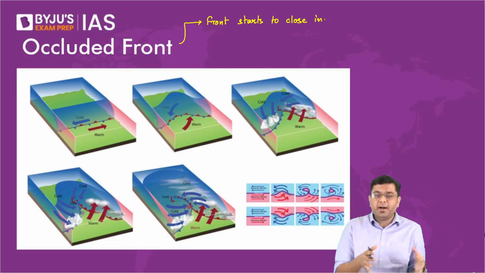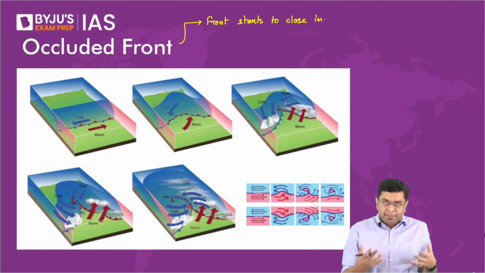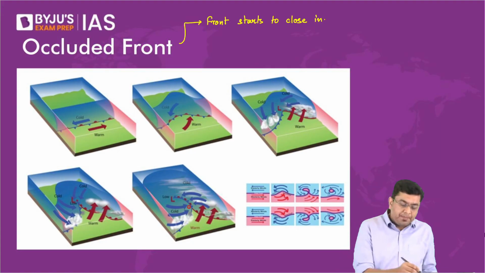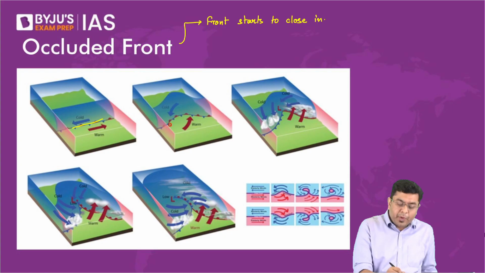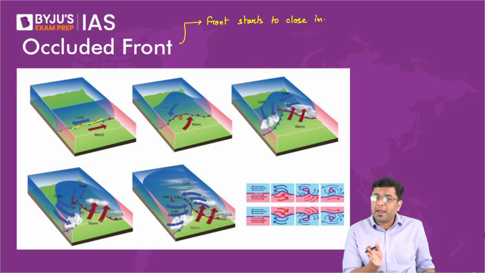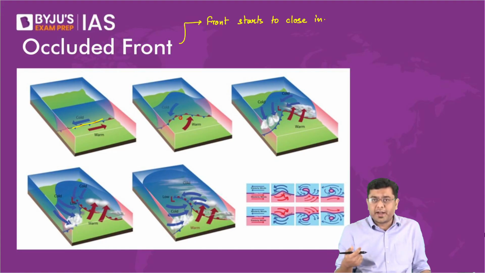Now these are the multiple different stages of a temperate cyclone that we will study a few moments later. But observe here that this is what represents a kind of stationary front. This is where the front gets deformed, as in one area warm air starts pushing in and another area cold air starts pushing in.